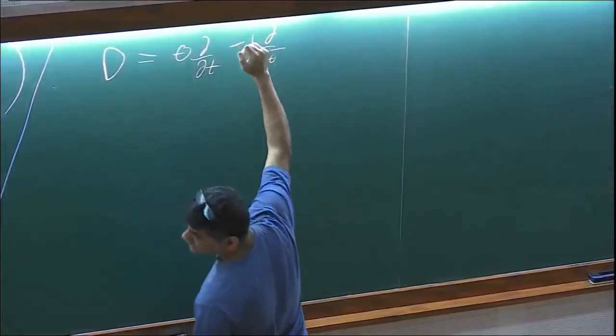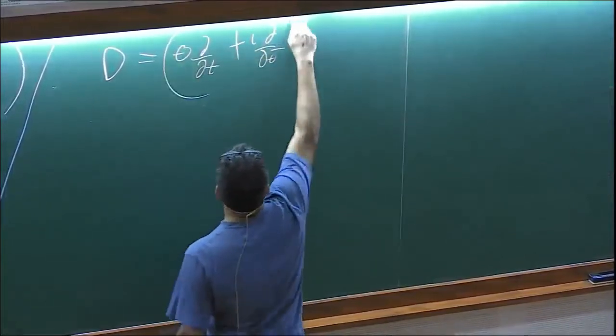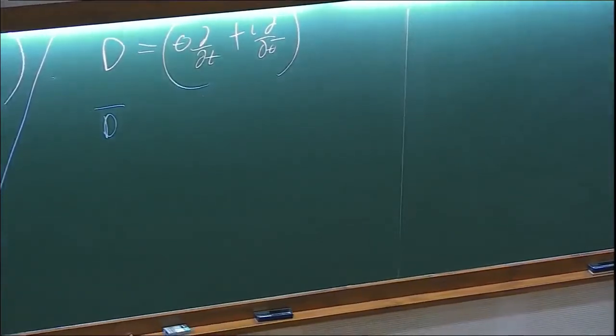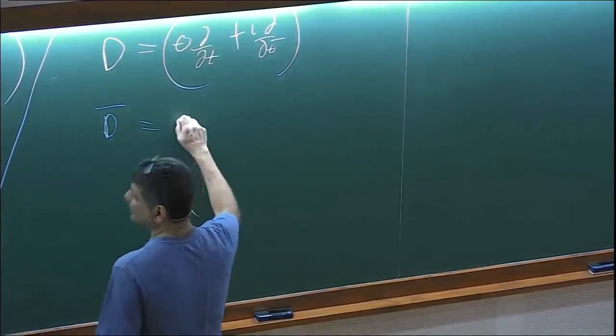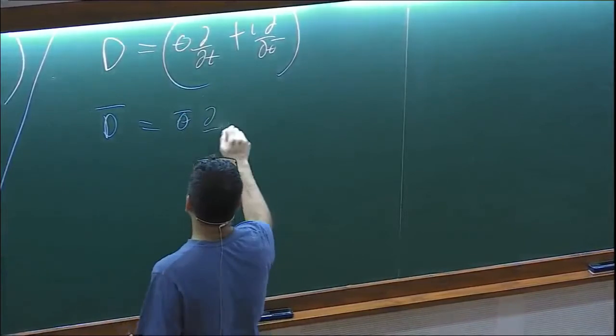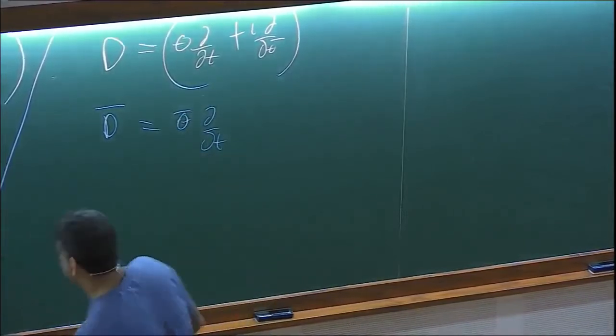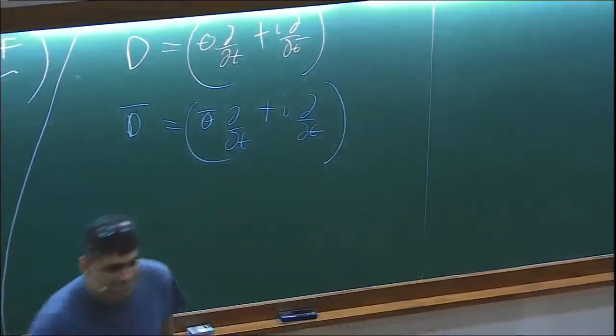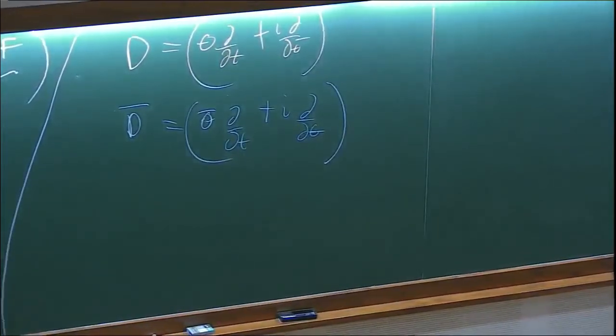Sorry, that was minus there, so I'll put a plus i. And similarly, I'll define the operator d bar, which is equal to theta bar del by del t plus i del by del theta.